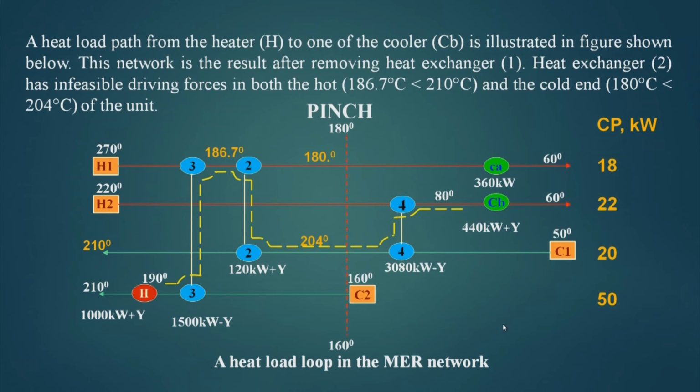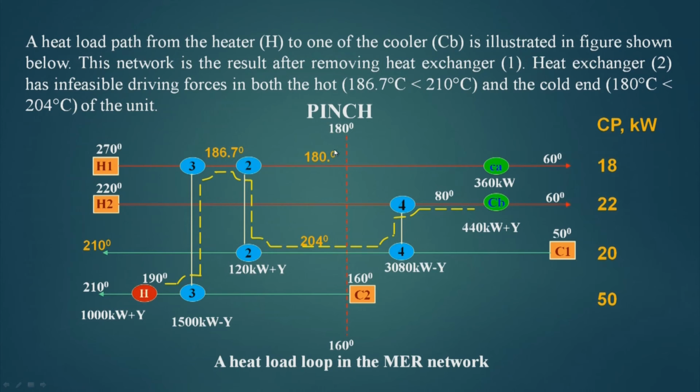This is the heat path which we will be using. This network is the result after removing the heat exchanger 1. The heat exchanger 2 has infeasible driving force. If you see here, driving force is infeasible.